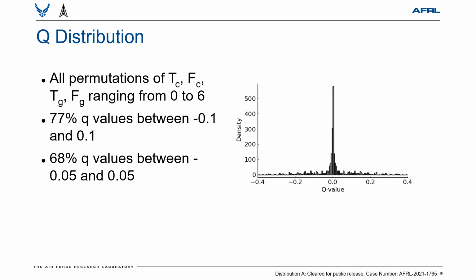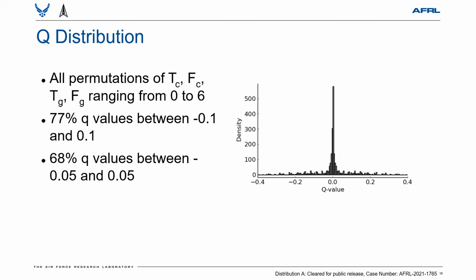We performed a simulation to determine the distribution of Q values across a wide range of conditions. In the simulation, we enumerated all permutations of TC, FC, TG, and FG for values ranging from 0 to 6.